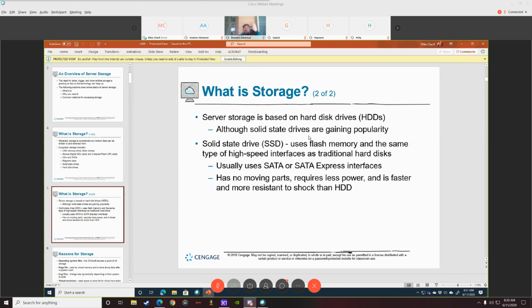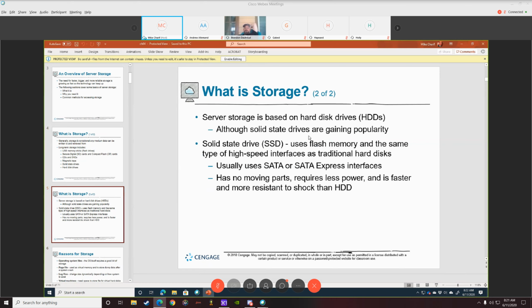Now, what's the difference between HDD, hard disk drives, and SSD? Well, some people say the hard drive has mechanical components in it, and the SSD is like a flash memory. That's the SSD. But what impact is it going to have on your machine?